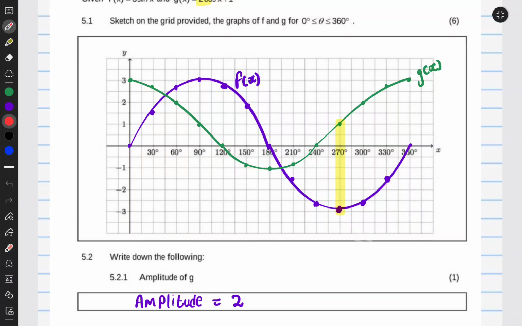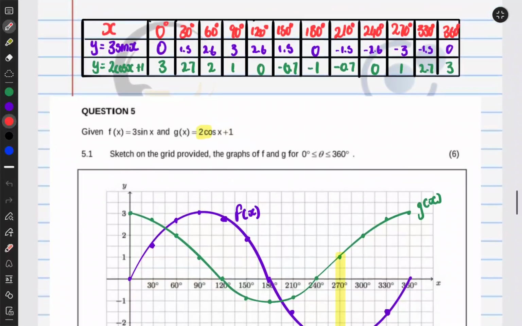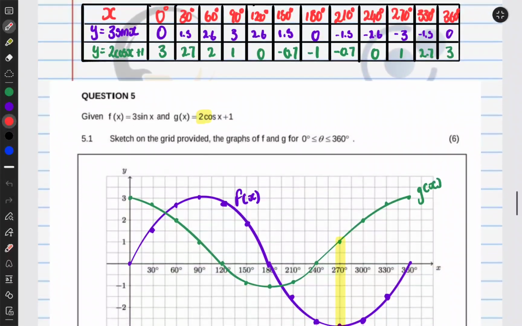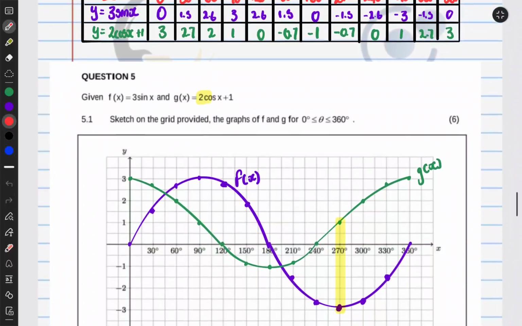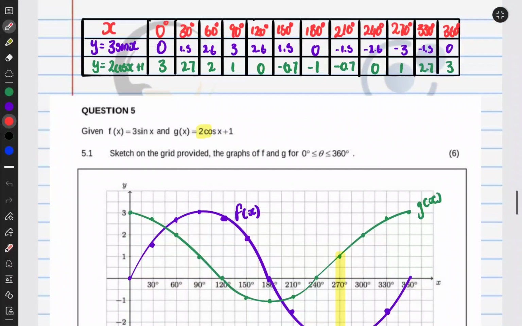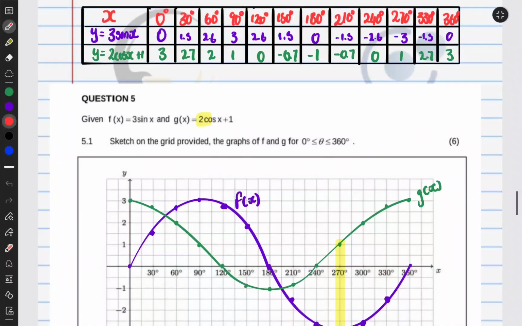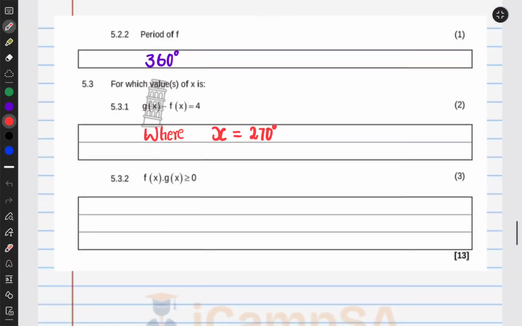That is the value that I'm seeing. Let's see if we have another one. 270, 1 minus, yeah, I think that is the only one. Okay, let's go with that one.